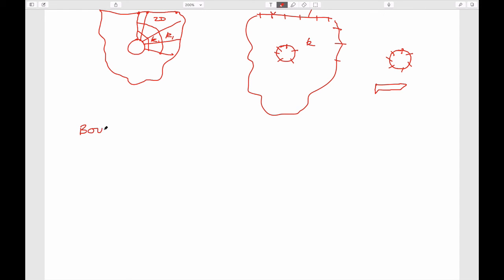So like our subdivision of other methods before, we talked about boundary element methods. And so all the things we'll talk about today are boundary element methods. But they're also classifiable in certain subdivisions.